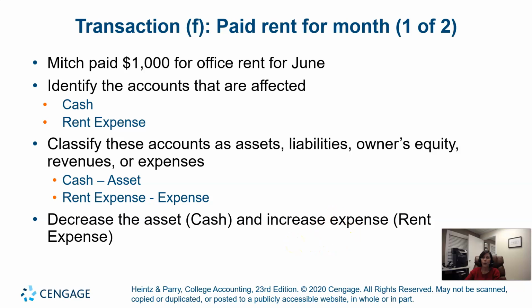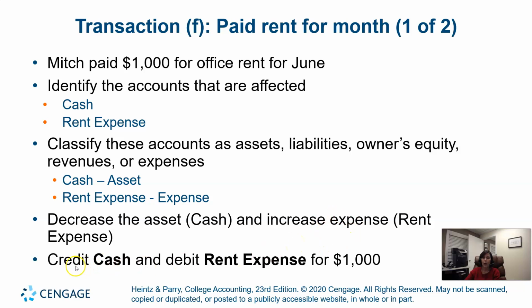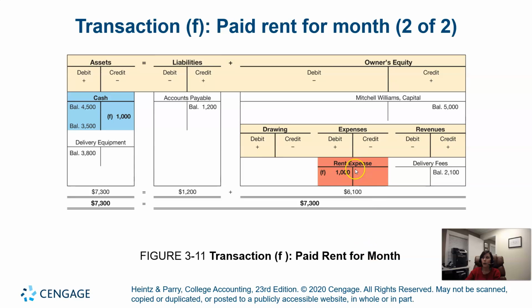So how are those impacted? Well, cash being an asset, and we know that credits make assets go down. It's a credit to cash. And then rent expense is a debit for $1,000. And we'll look at that umbrella of owner's equity to help kind of make that clear.